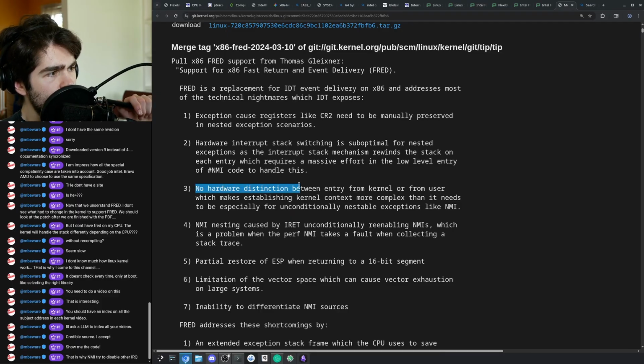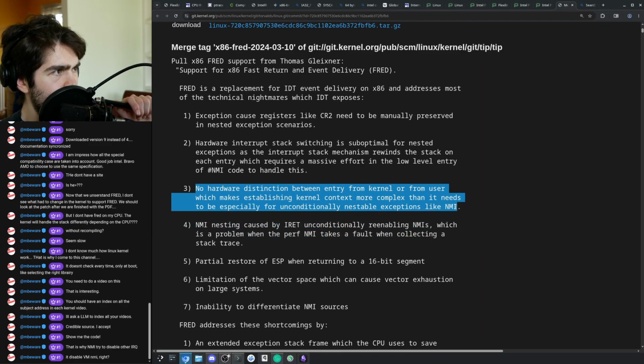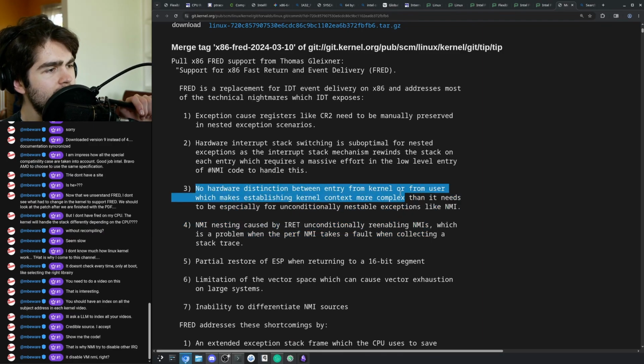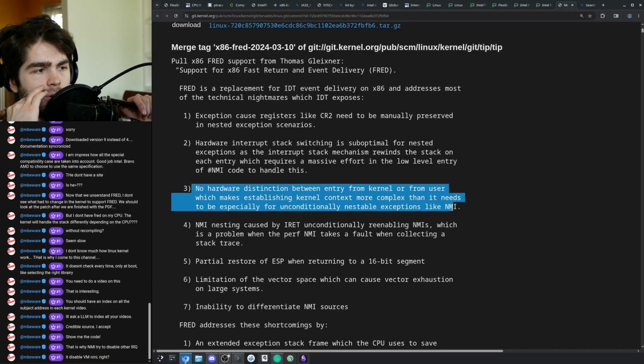No hardware distinction between entry from kernel or user, which makes establishing the kernel context more complex than it needs to be, especially for unconditionally nestable exceptions like NMI. Okay, it makes sense. So in IDT, we don't have the ability to know if we're currently within the system or in the kernel.